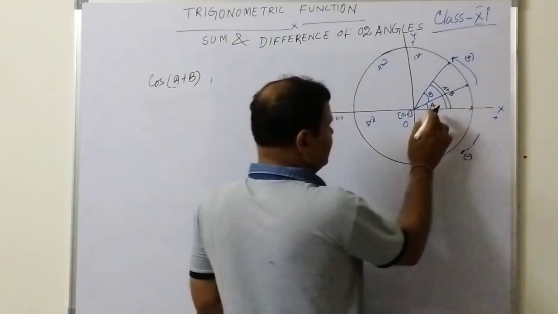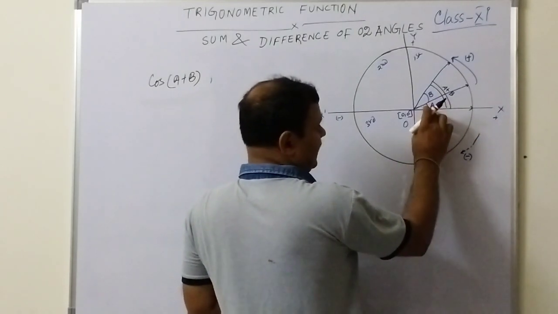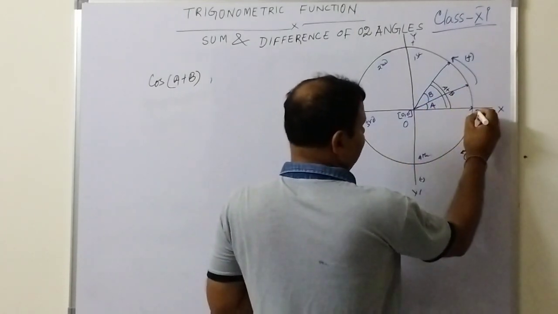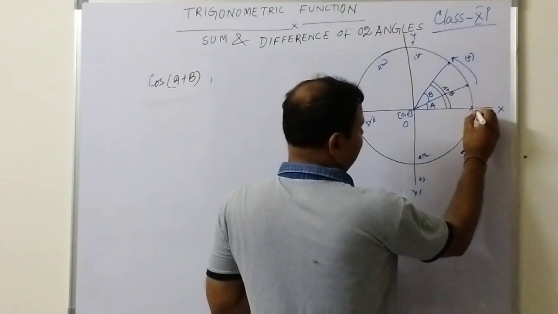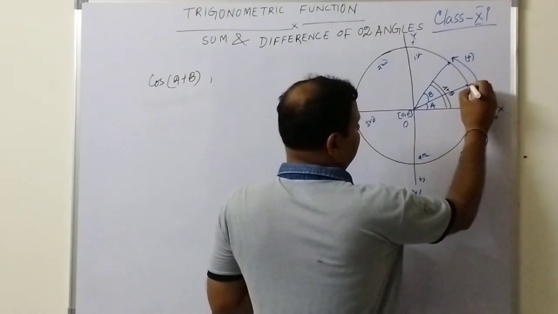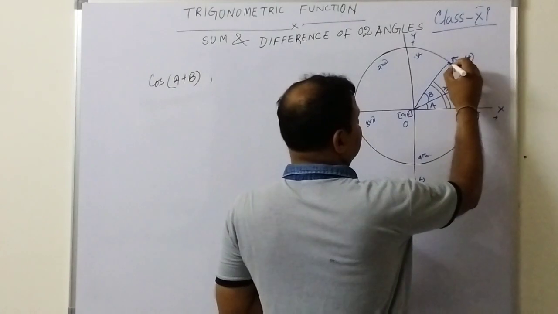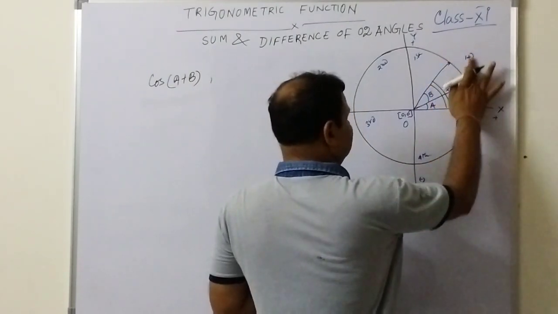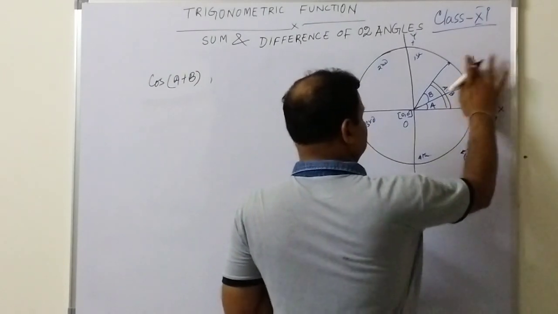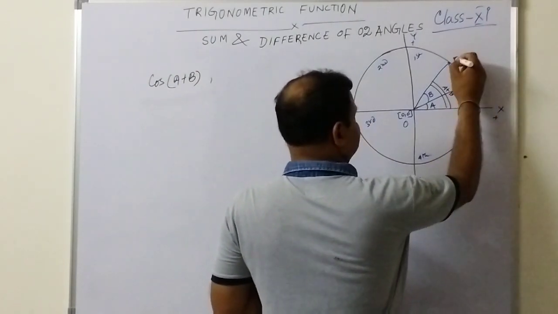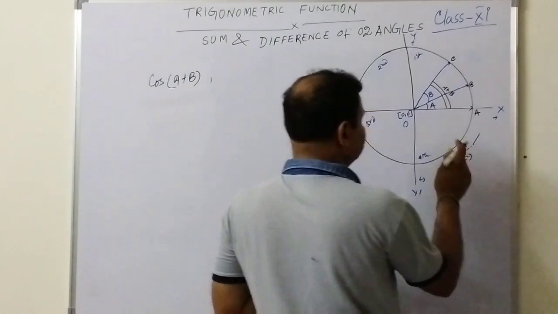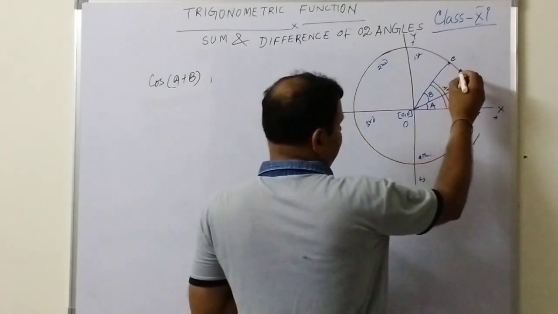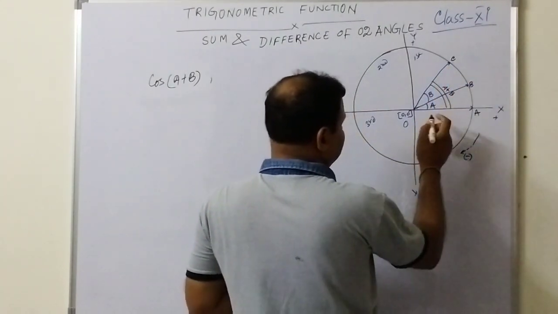Now, the ray moves initially and makes an angle of A, and suppose this was the initial position, suppose this is A, and it moves by B, then reaches C. Let me erase this now. The position C. Okay.